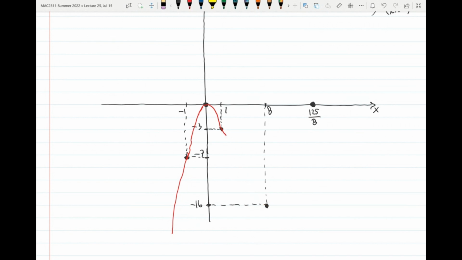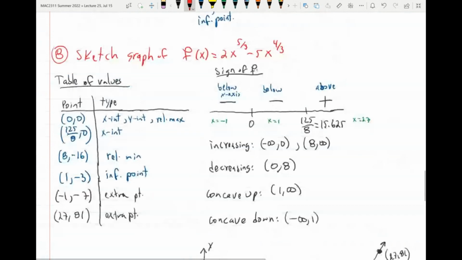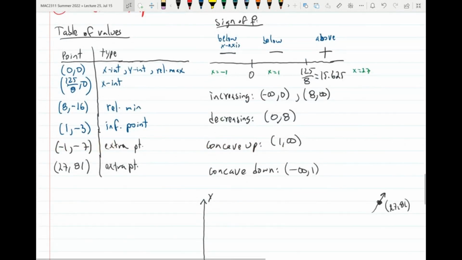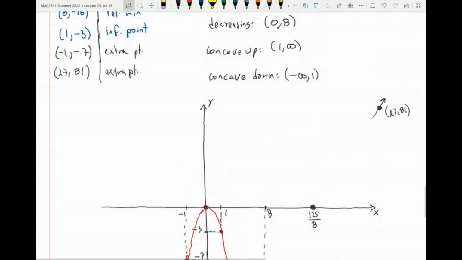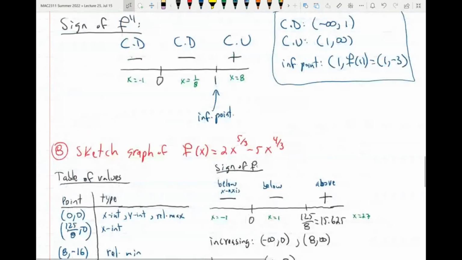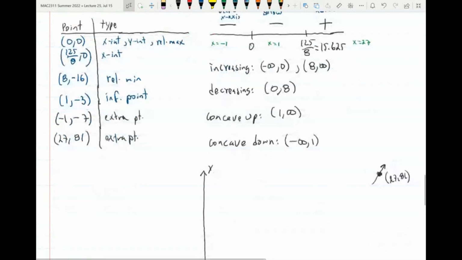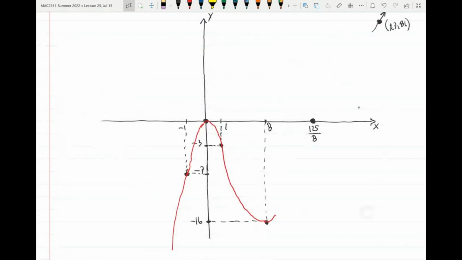So we have to do this, in a concave up way, and then after 8 our function starts increasing, right? Because now the function is increasing from 8 to infinity, so now it's increasing all the time. And notice that after x equal 1 we are concave up all the time. Now we go increasing like that.